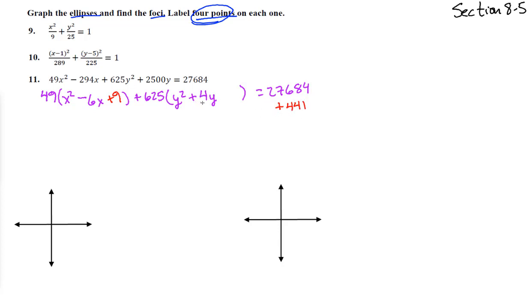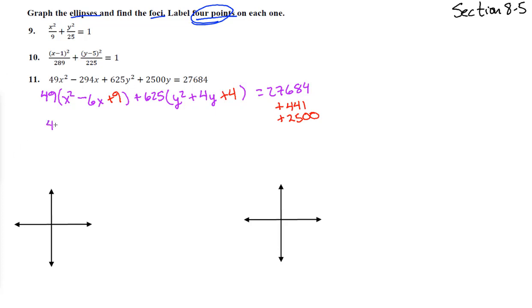Same thing will happen here. Half of 4 is 2, squared is 4. So to make that a perfect square, we add 4 there, which was really adding 625 times 4 is 2,500. So we actually have a 2,500 over there. So let's write it out one more time.